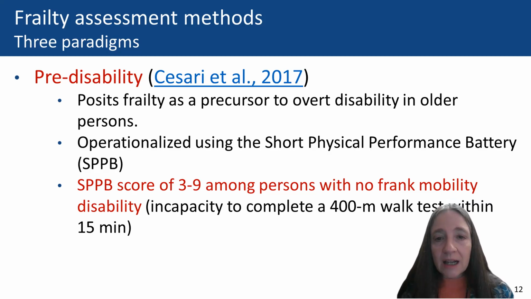It's operationalized using the Short Physical Performance Battery, or the SPPB, and very specifically an SPPB score of between 3 and 9 among persons with no frank mobility disability is taken as being frail, where no frank disability is defined as incapacity to complete a 400-meter walk test within 15 minutes. So again, really a precursor to disability.